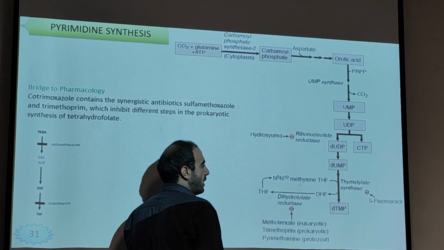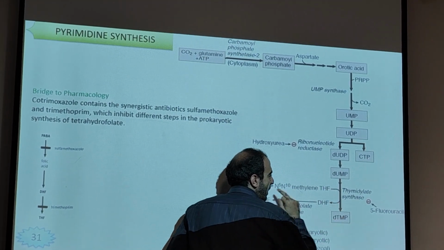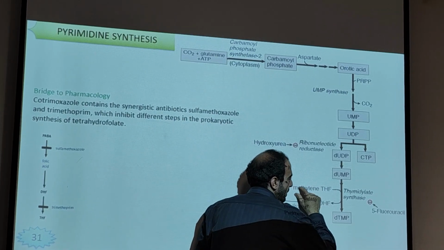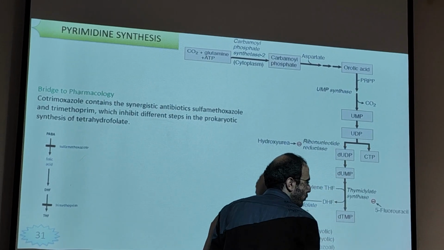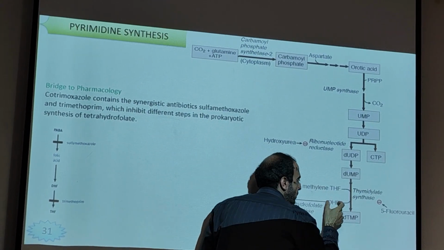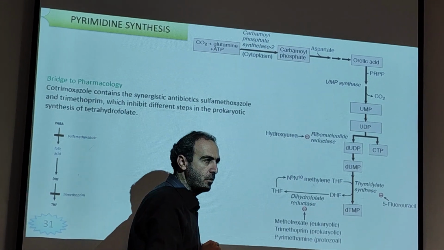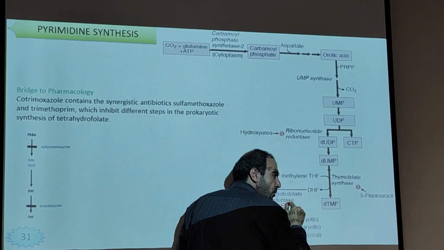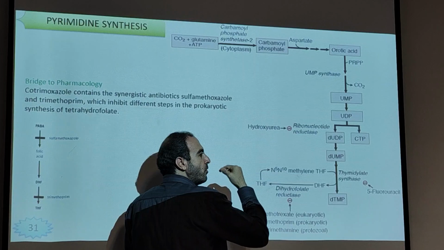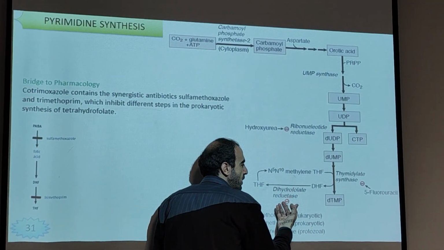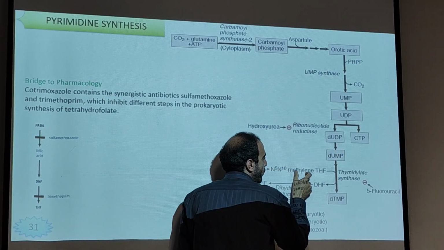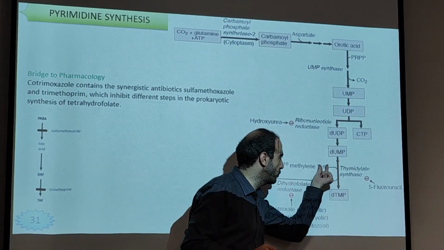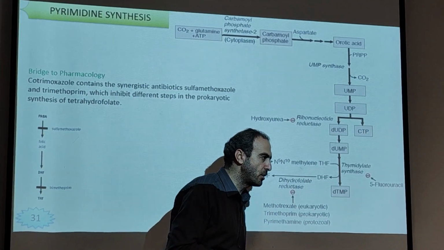On the other side, we have methylene tetrahydrofolic acid, and when it gives the methyl group to UMP, it becomes dihydrofolate, okay? And this dihydrofolate should again be reduced by a reductase to produce methyl tetrahydrofolic acid. So dihydrofolate should convert to tetrahydrofolic acid.